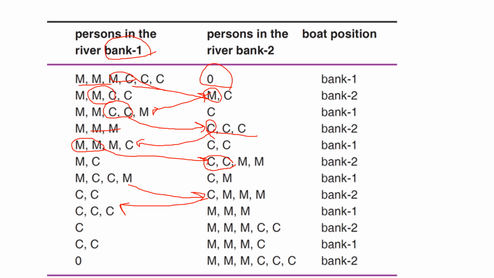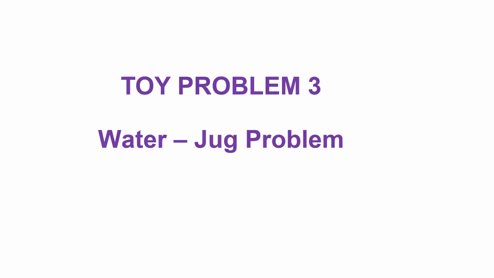Then the two C's are coming this side. Then one C is taking the boat coming this side, and it's taking two C's this side. Finally, we have all six, that is three missionaries and three cannibals, reach river bank 2. This way we can solve this problem. We'll go to the next problem, the water jug problem.